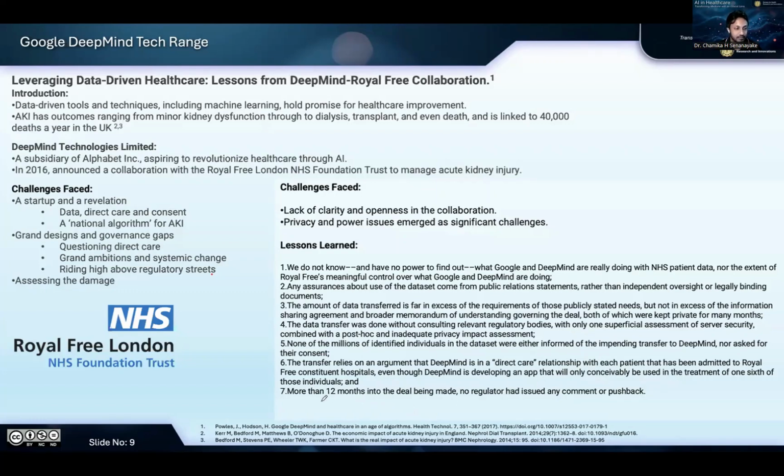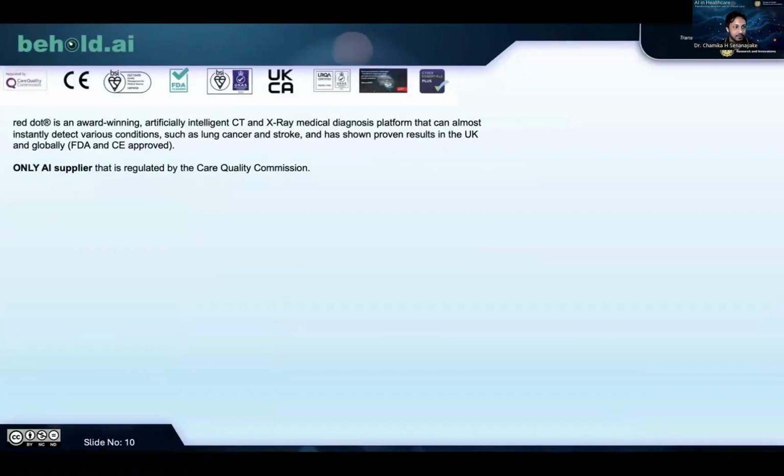So more than 12 months after the deal was made, no regulator had issued any comment or pushback. So that's one of the dangers of AI. Once implemented, nobody has any idea about it, especially regulatory bodies.